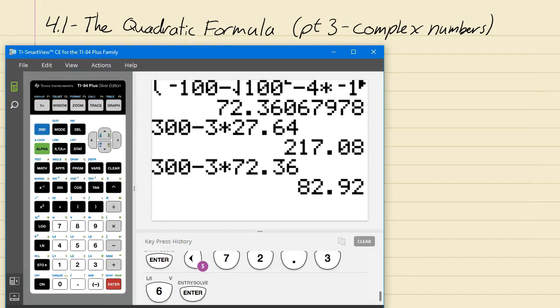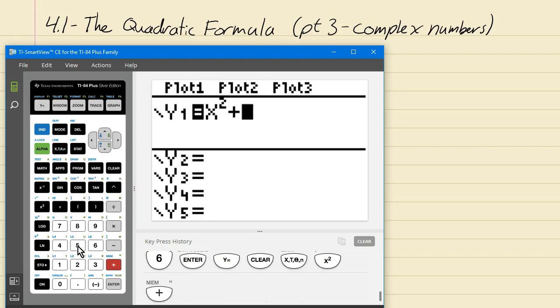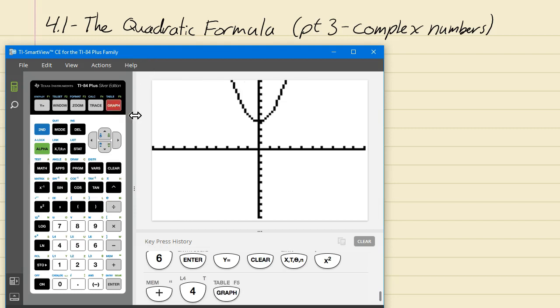So to do that, we're going to graph y equals x squared plus 4. And we want to see what are the values of x that make y equal to 0. So what are the x-intercepts? And so here's the graph, and you see, oh, it opens upwards and never crosses the x-axis at all.